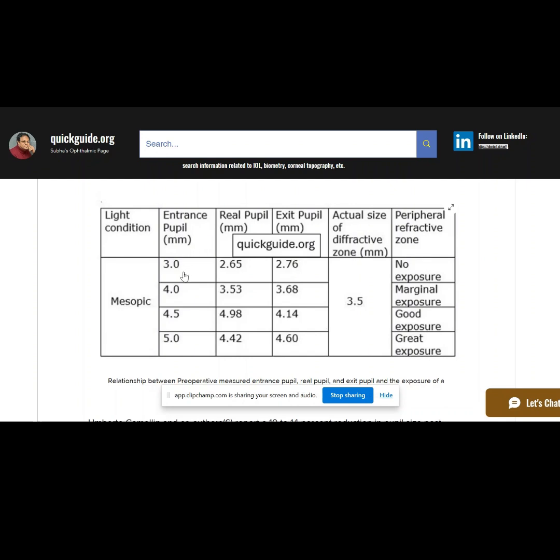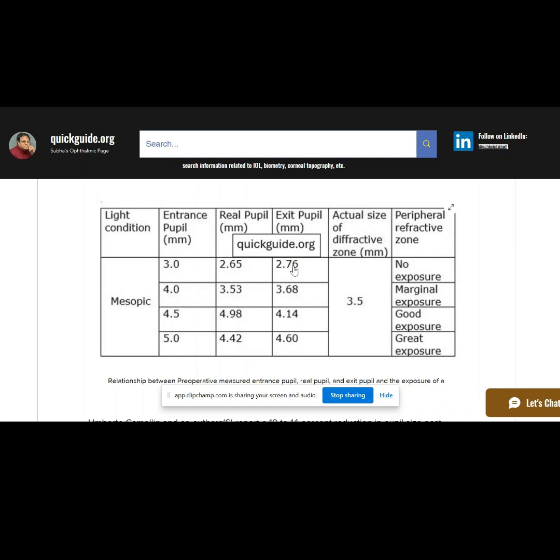If you have measured an entrance pupil as 3 millimeters, then the real pupil would be somewhere around 2.65 millimeters, and the exit pupil will be 2.76 millimeters. The exit pupil is always bigger than the real pupil. And considering that the actual size of the diffractive zone of that multifocal IOL is 3.5 millimeters, as I said before, the exit pupil is more important.